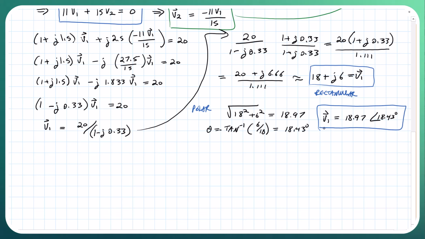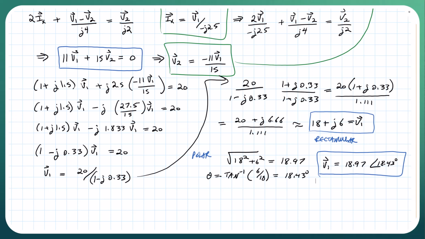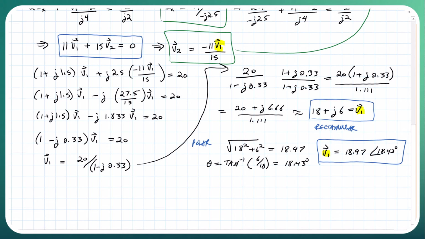Okay, and now we can substitute this back into the previous equation. We can take this V1, either this one or this one, and plug it back in here to get V2. Again, your call, your choice on how you want to do this. I'll just do it one way.